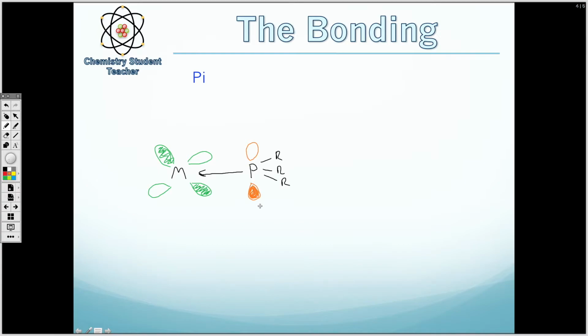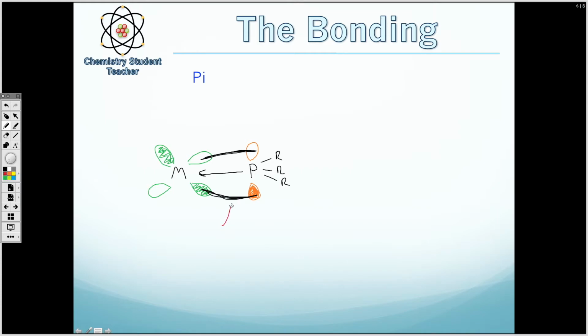Originally they thought maybe it was some d orbitals on the phosphorus that were partaking in the back bonding, however, that's been disproven, and there's some people thinking it's a p orbital, some people thinking this, that and the other. So no one actually knows for sure, but what we do know is it's an empty orbital, and because we have electron density on that metal, it can back bond to an empty orbital on that phosphorus.